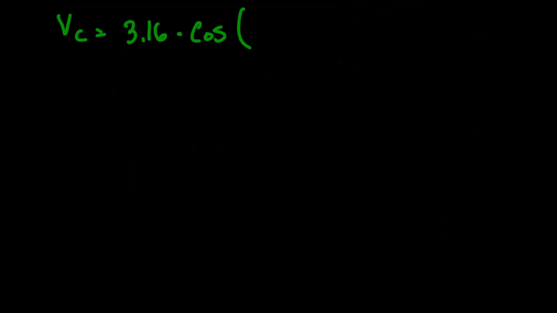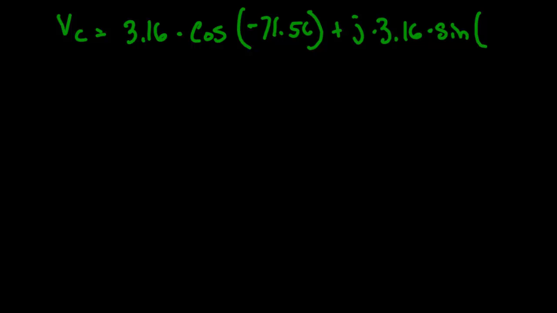So we just throw in that minus 71.56, plus j times 3.16 times the sine of minus 71.56. This gives us 1 minus 3j.